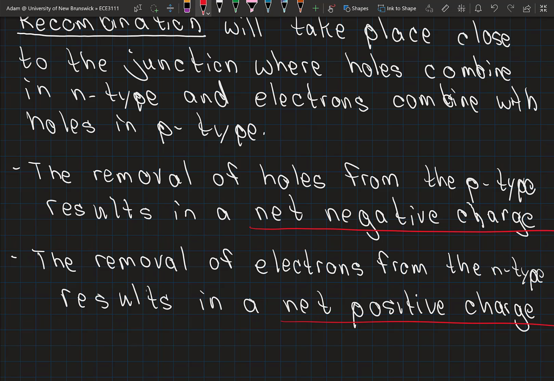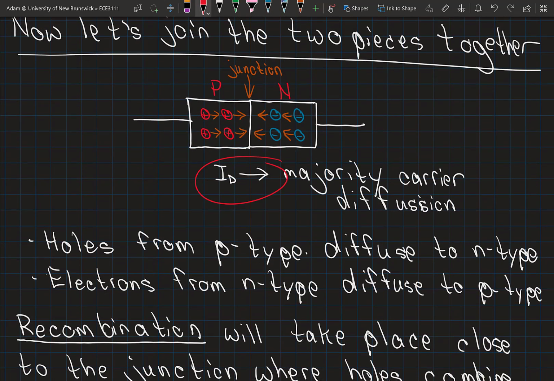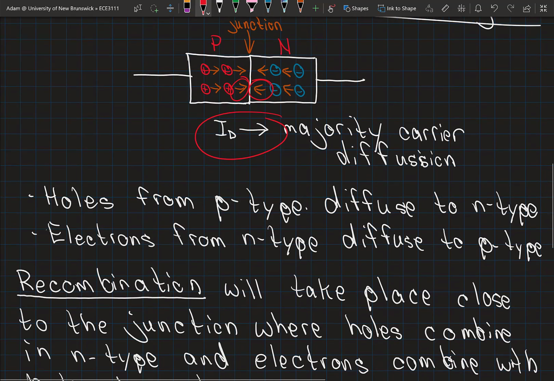Okay, and again, this removal of holes, or electrons, is due to this diffusion current that we looked at here, right? As these holes move in this direction, electrons move in the other direction as they cross into the material on the other side of the junction.